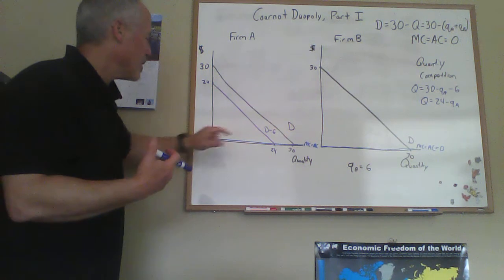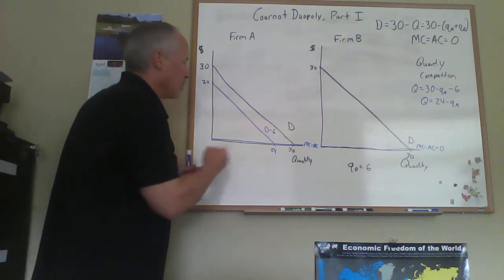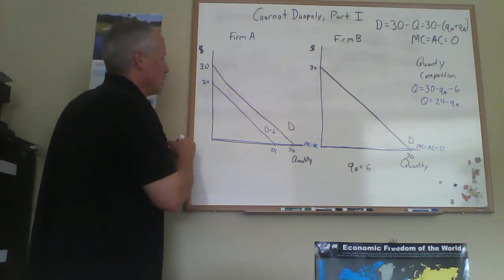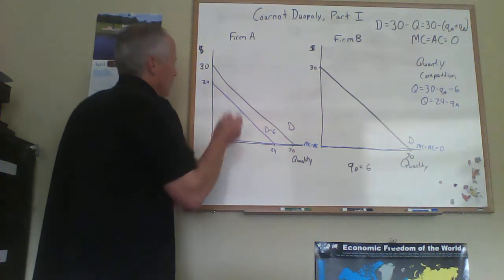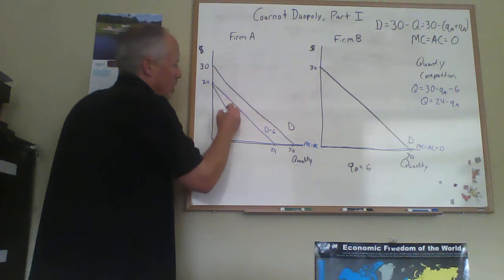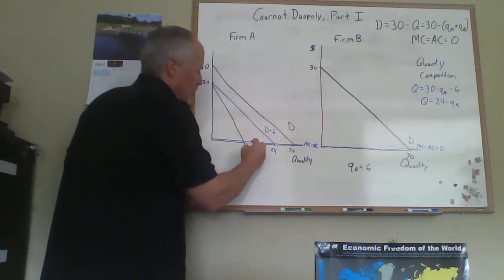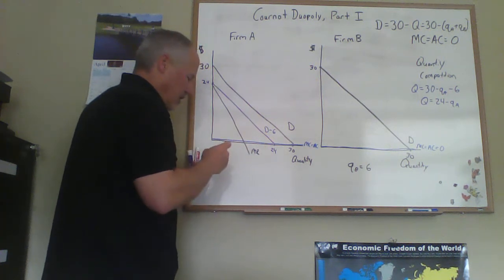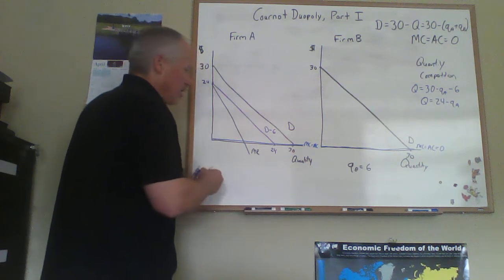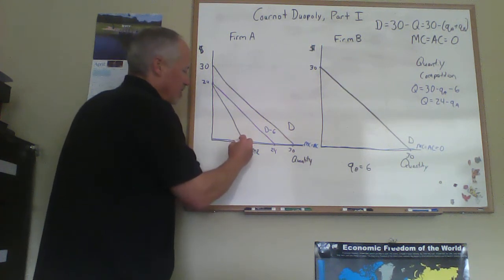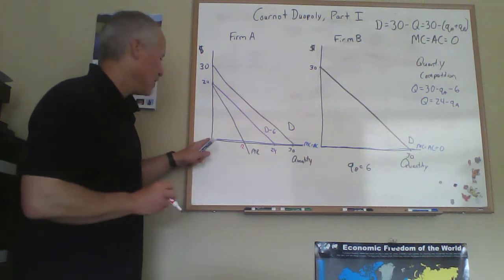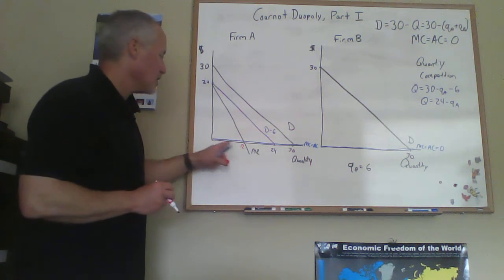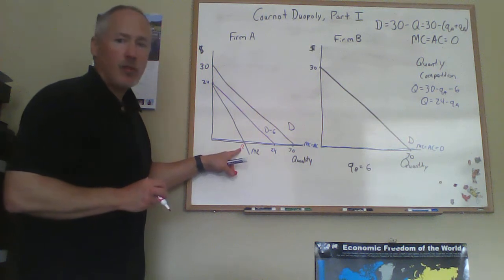Facing this purple demand curve, firm A would draw in a linear marginal revenue curve, and it would come down here and intersect the marginal cost curve, which happens to be the horizontal axis, at a quantity of 12.